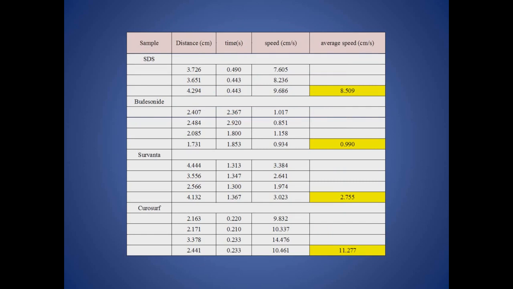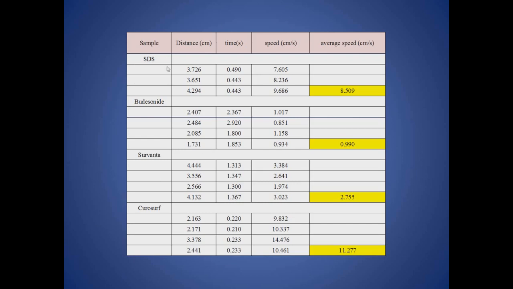This table compares the migration speed among different surfactants. Apparently, Curosurf migrates the fastest, with a speed of 11.277 centimeters per second, much faster than SDS.